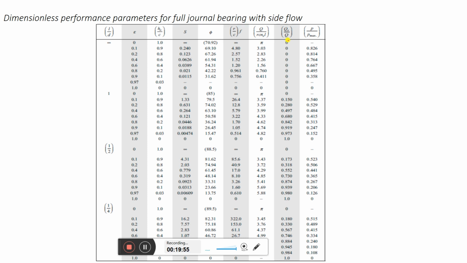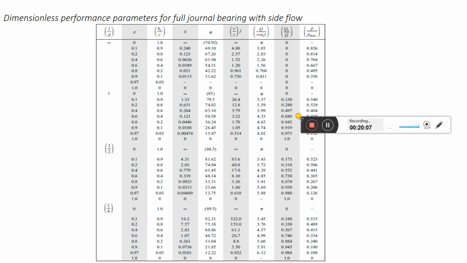Now see. Here L by D is the ratio of length to diameter. If it is infinite, it is 1, it is 1 by 2, it is 1 by 4. Accordingly we have to select.